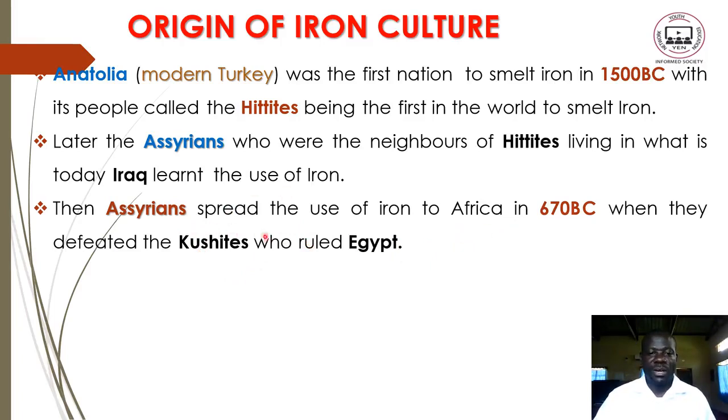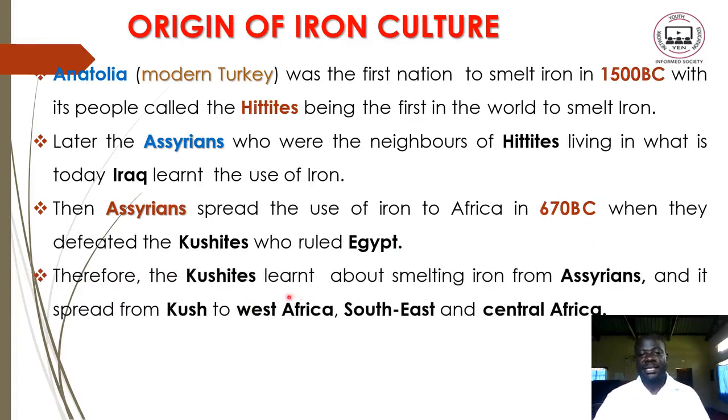The Cushites lost the battle because they were using just wooden weapons and the like, while the Assyrians were using spears, pangas, and knives made from iron. Hence, the Assyrians won and defeated Egypt in 670 BC.